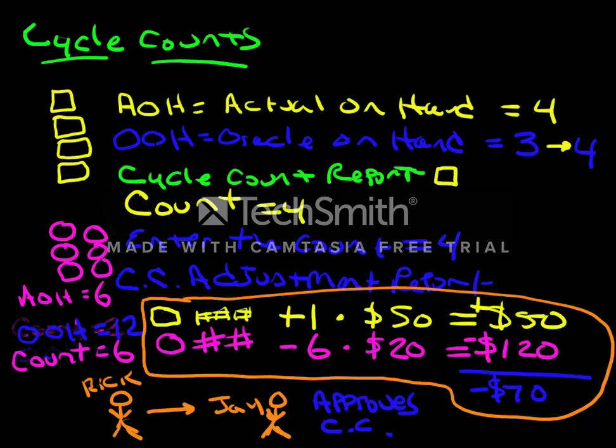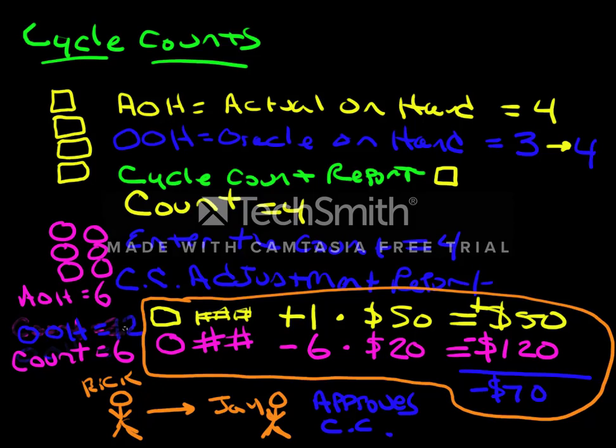So now the whole point of the cycle count process was that our Oracle on hand is correct. The 4 Oracle on hand is what we really have. And the same thing happens here with the circles. I don't have any room left here, but this 12 gets changed.